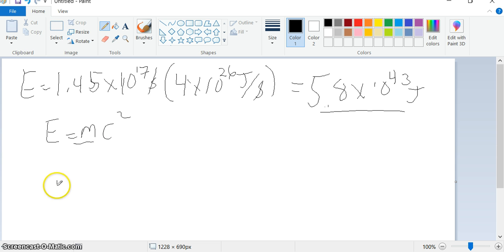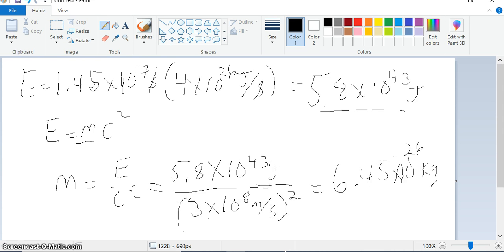So the mass, this is really what we want to solve for. The mass is the energy divided by the speed of light squared. Here I've actually written it out. So we're solving for the amount of mass that is turned into energy over the course of 4.6 billion years.